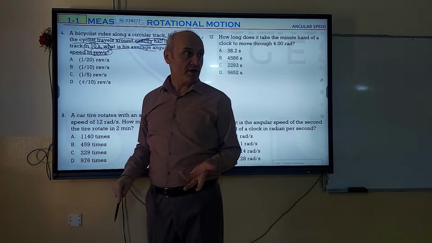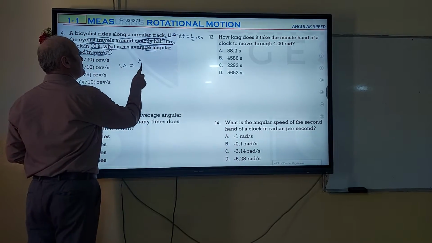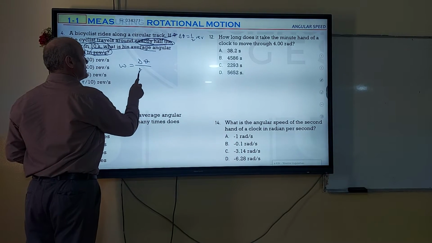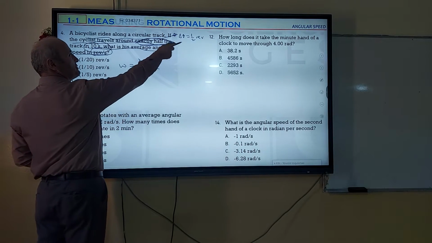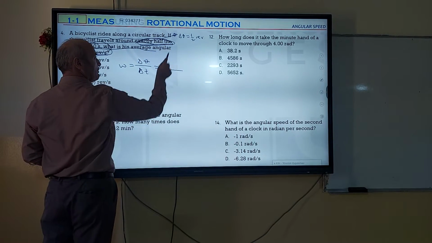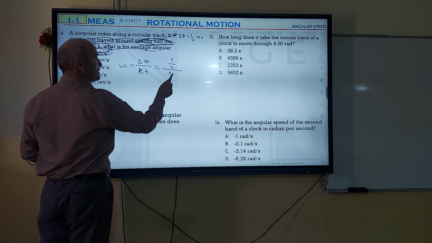This time it's asking revolution per second, so I have to use angular displacement in revolution, not in radian. So what is angular displacement in revolution? 1/2 over delta t, which is 10.